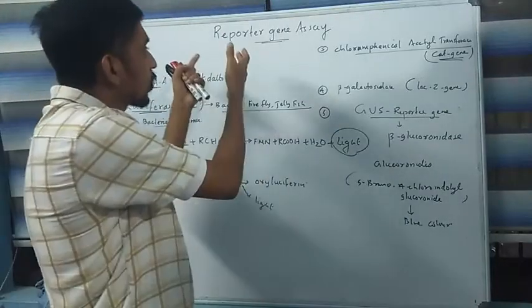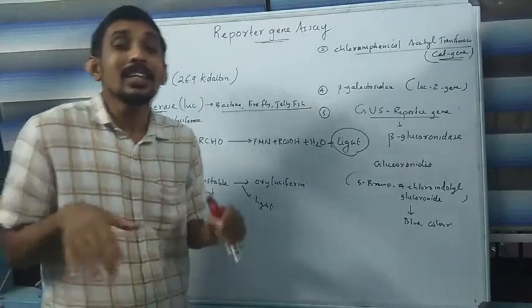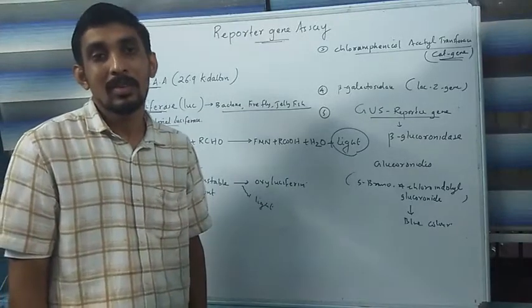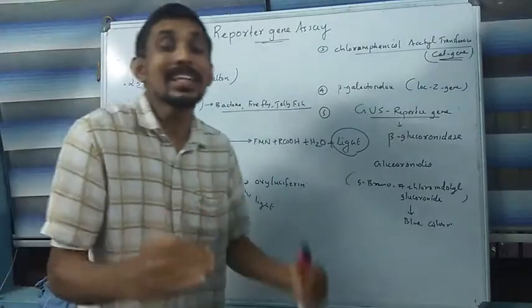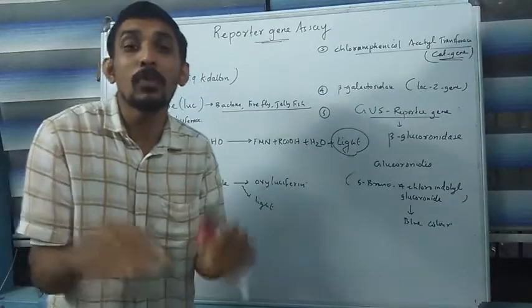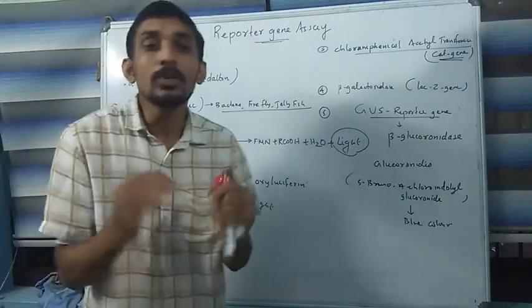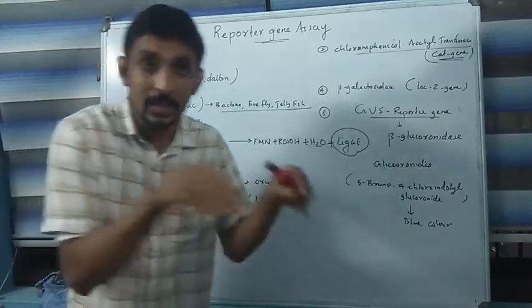When we come to the topic reporter gene assay, it is a gene which enables the measurement or detection of a specific foreign gene within the cell. Suppose you want to check the presence of a foreign DNA inside the cell.